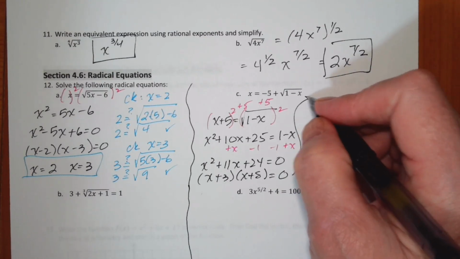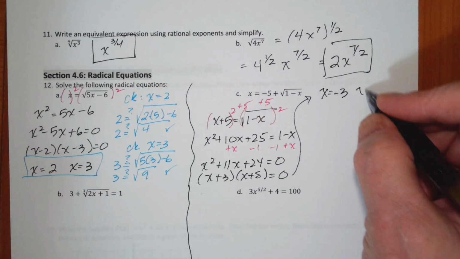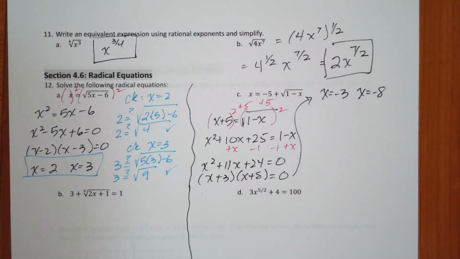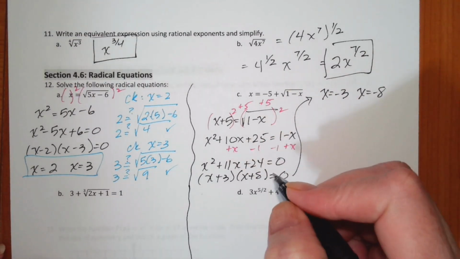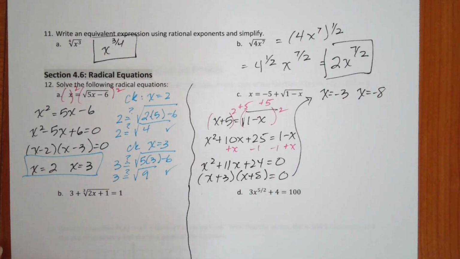So if I follow up here, this tells me that x equals negative 3 and x equals negative 8. So now I just have to check it. Oh, and these are negatives. No, okay, I did it right. All right, so let's check.